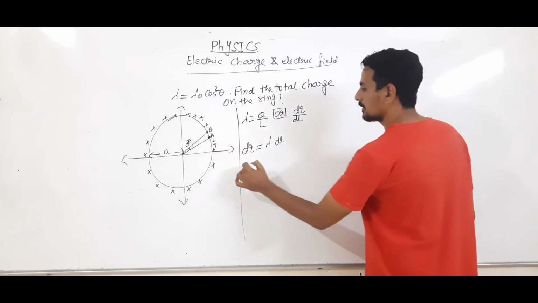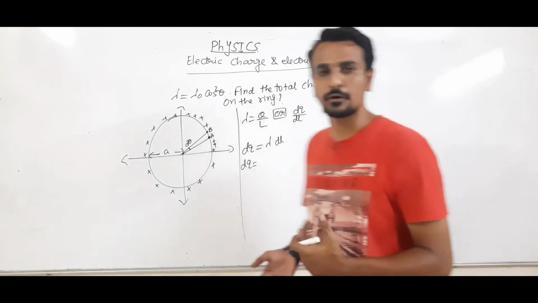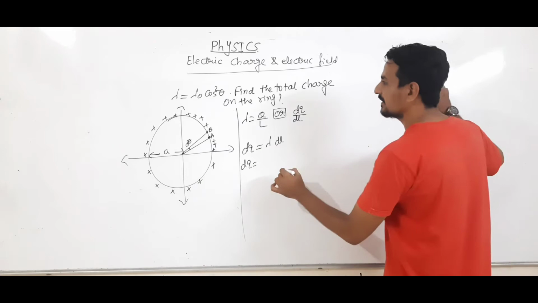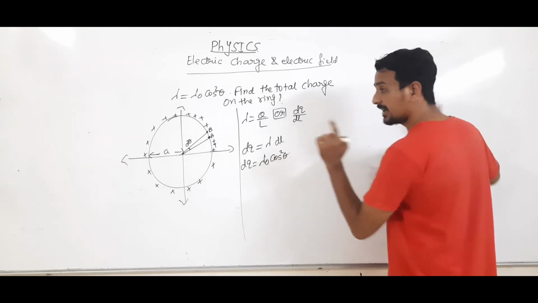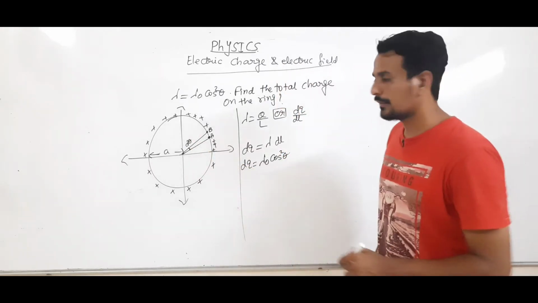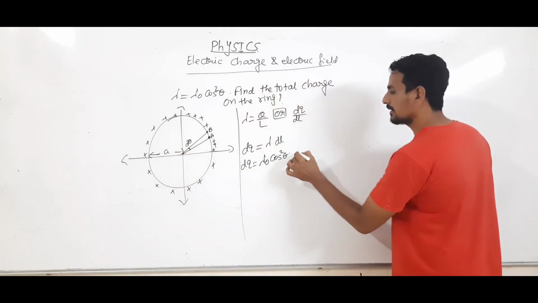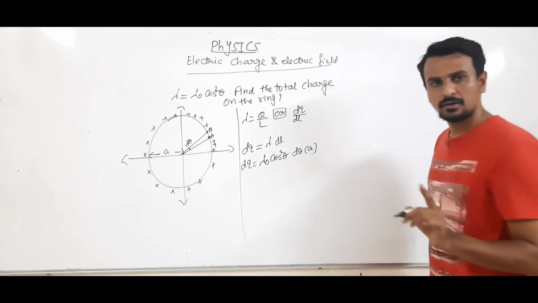So now dq is equal to, I am going a bit faster because the same procedure we had followed in the previous video, previous sum, right? So dq is equal to lambda 0 cos square theta, dl is the length of arc, and length of arc is equal to angle into radius. So this part subtends an angle d theta, so it is angle into radius. Clear?